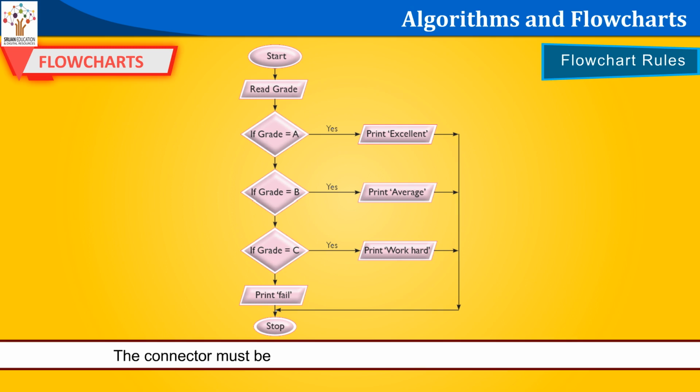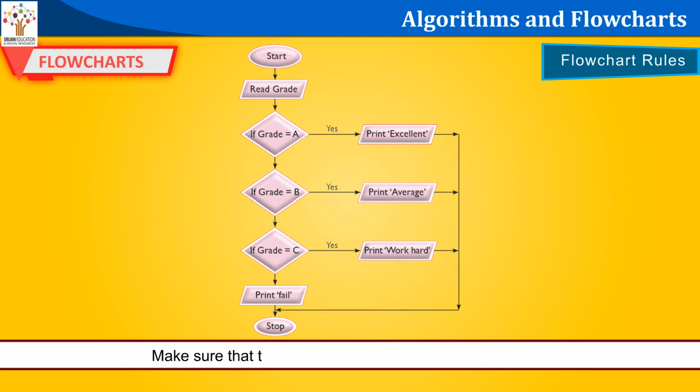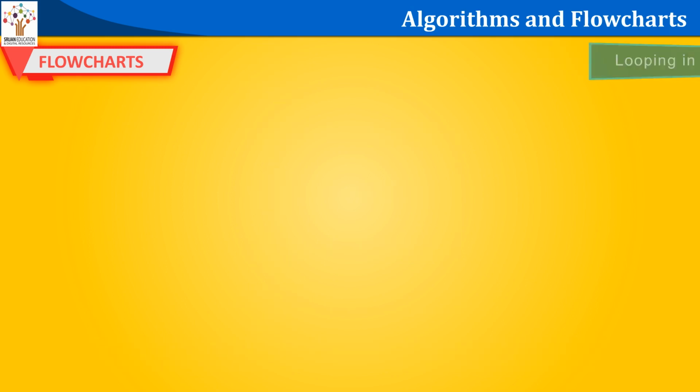The connector must be referred by the same name in both the pages. Only one flow line should come out from a process symbol. Only one flow line should enter a decision box, whereas outgoing flow lines can be any in number. Make sure that the flowchart has a start as well as a stop.